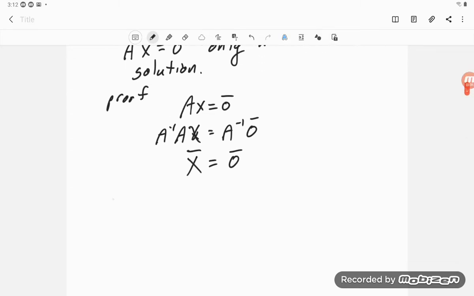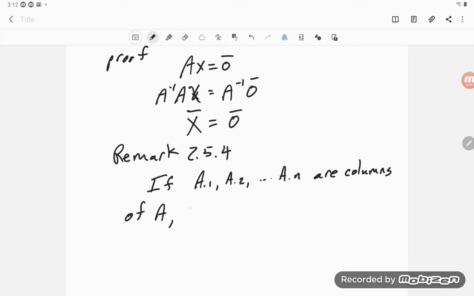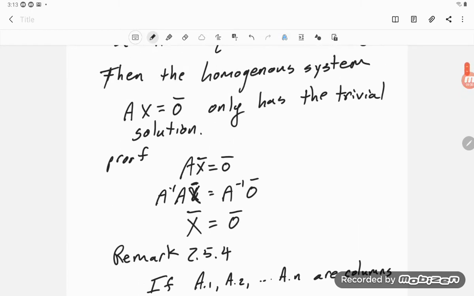Okay, we'll go ahead and add in remark 2.5.4, and it says that if A dot 1, A dot 2 up to A dot n are the columns of A, then, and this remark actually kind of points out that they are using their x vector in all these things as just a column vector, so I'm going to add my lines over that x.